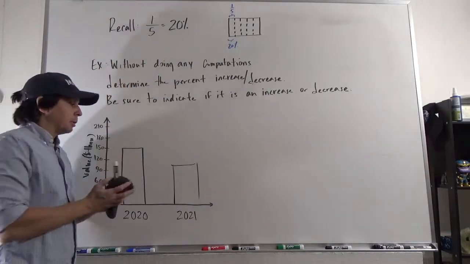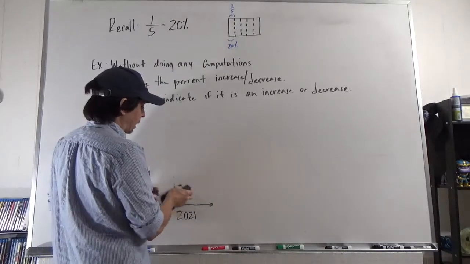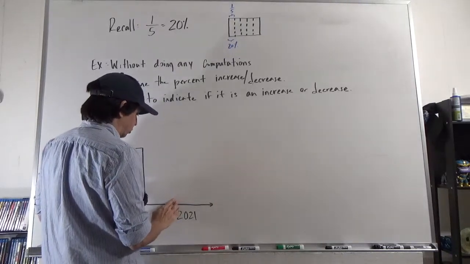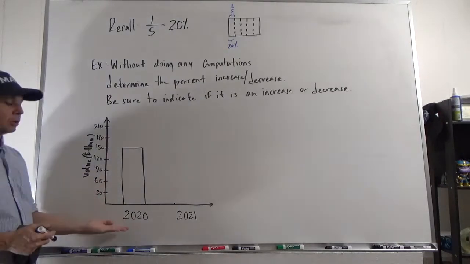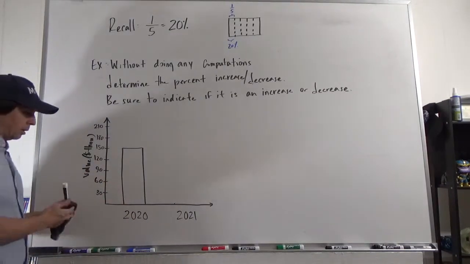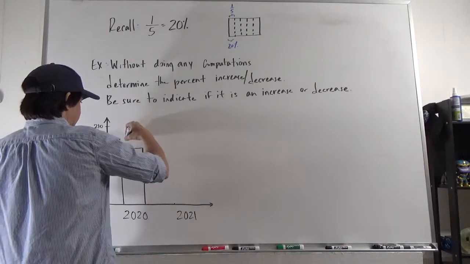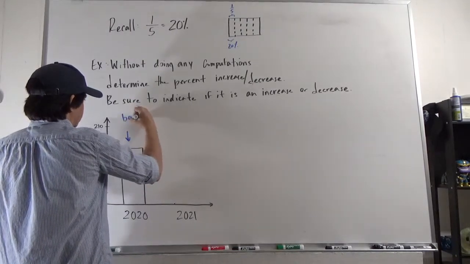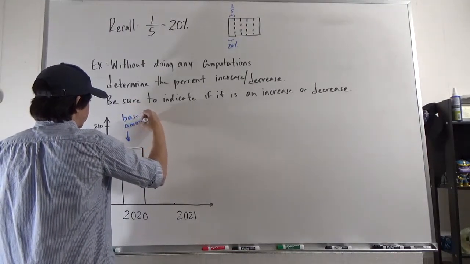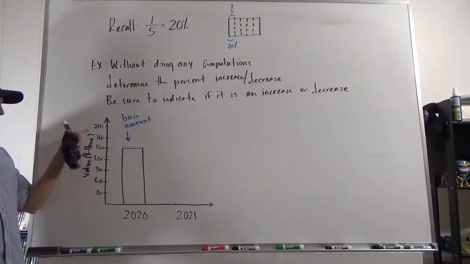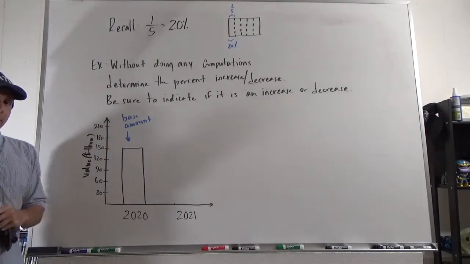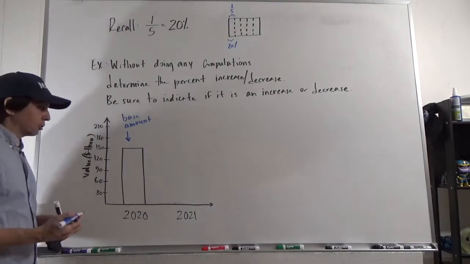Noting that we're going to be using 20% because I'm designing these specifically so that the base amount, the original amount, is a perfect fit. Here's your base amount right here. I'm going to even specify it. The base amount is $150,000. Now these numbers are not going to be relevant for this particular type of problem since we're not doing computations.